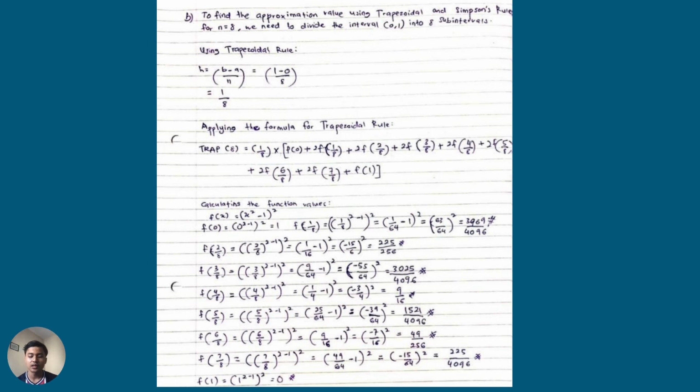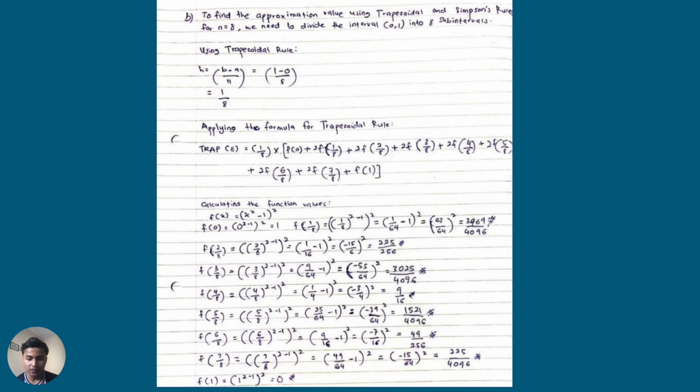And the question is we use the trapezoidal rule. So h equals (b - a)/n equals (1 - 0)/8, which equals 1/8.